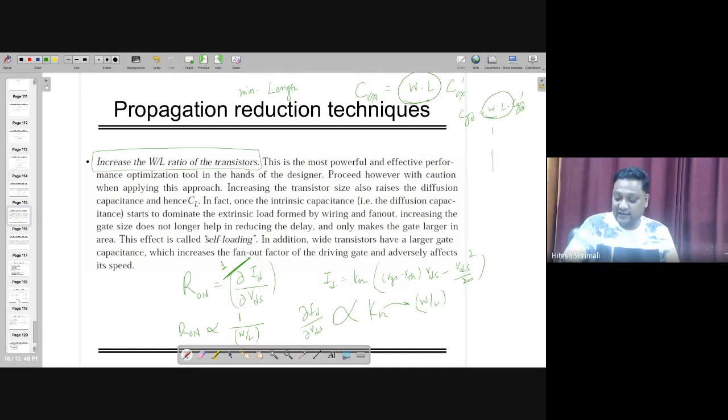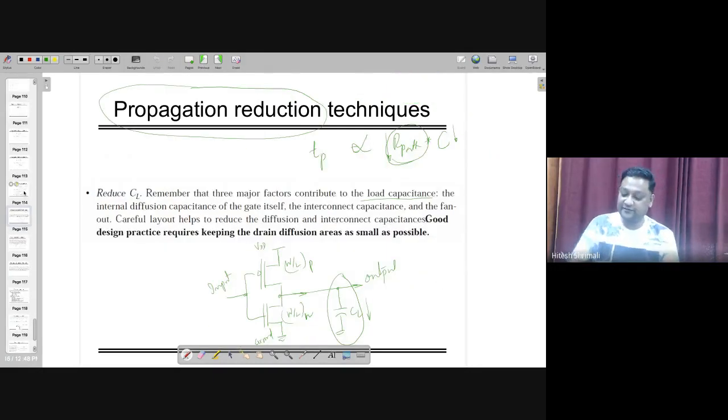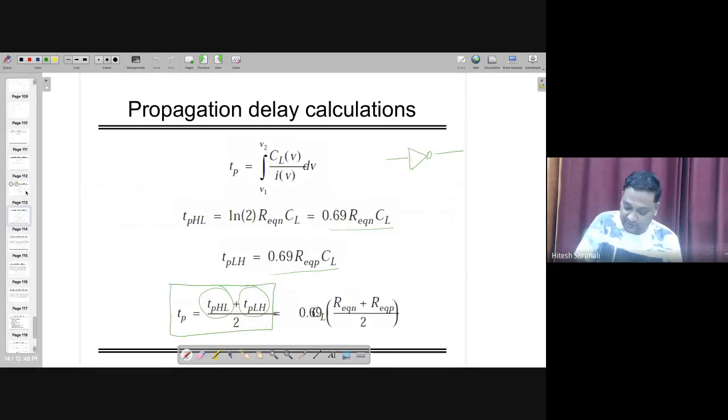You are not touching L, I understand, but you are touching width. If you are increasing width, you are increasing capacitance. So as per this equation, if load capacitance plus some parasitic capacitances are there, and these parasitic capacitances are becoming comparable to CL, then your propagation delay will be affected.